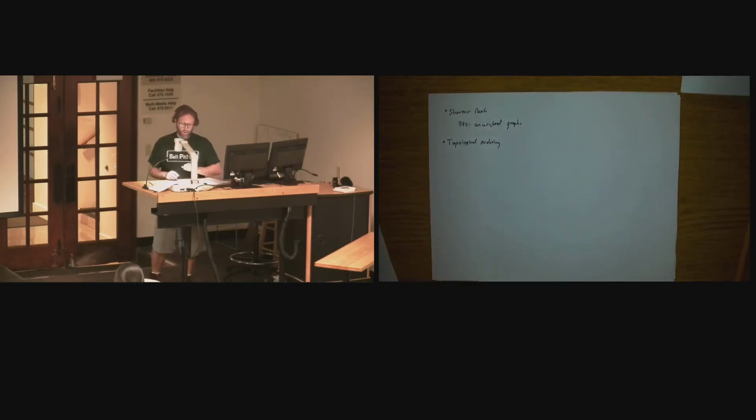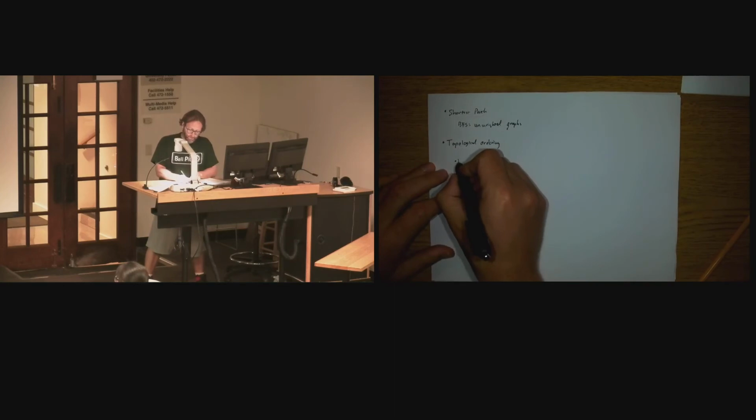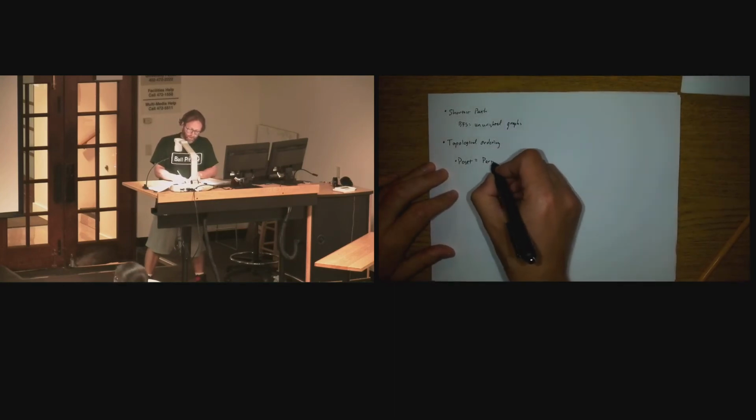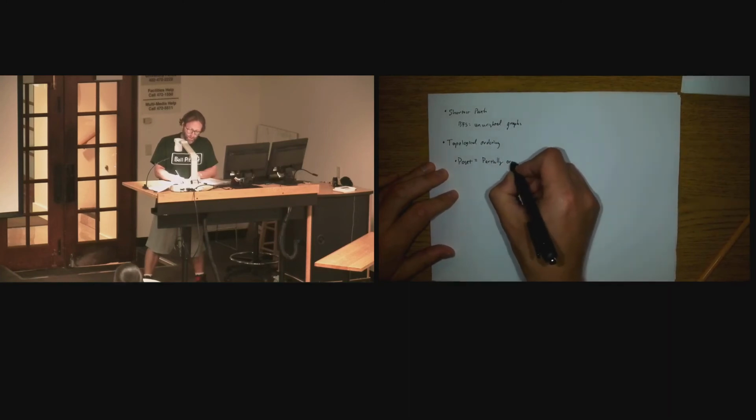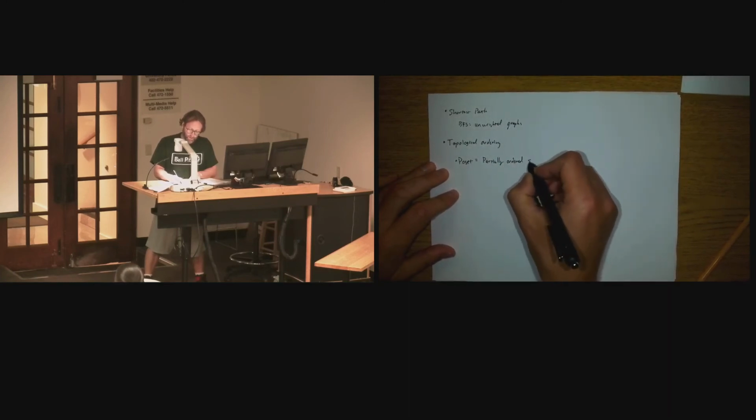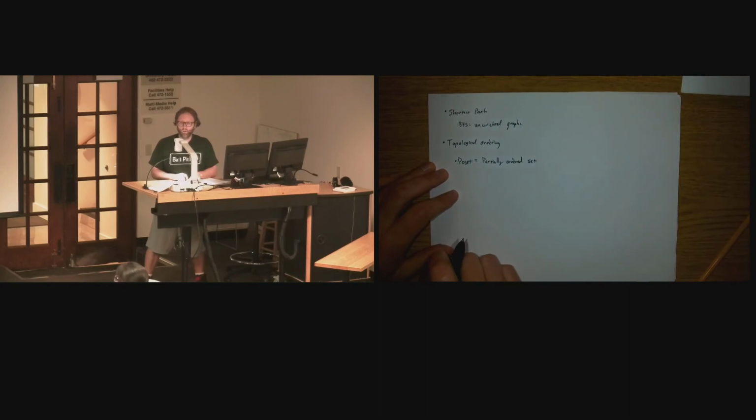All right. So for this one, I'm going to remind you of 235 material here. Do you remember what a poset is? What is a poset? Or a partially ordered set. And when I do this in 235, I also take the opportunity to call your attention to what this is called.